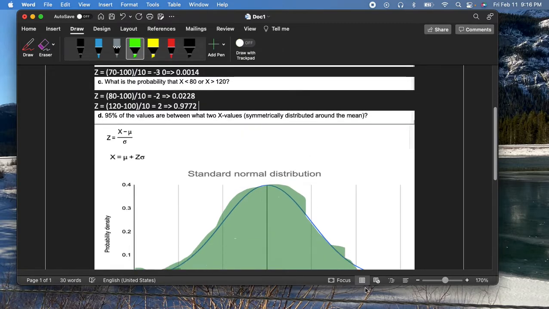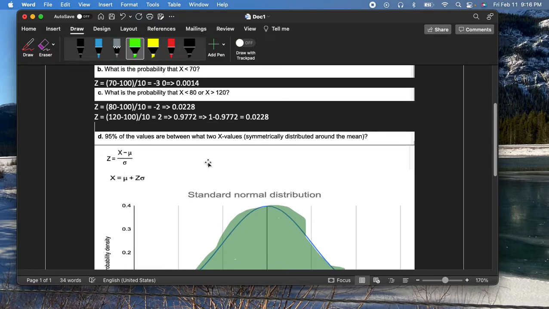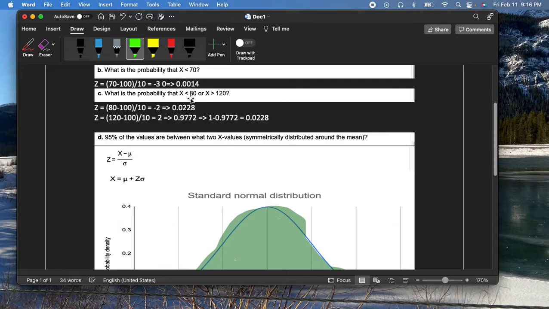But we need to find the value to the right. So once again, we're going to have to subtract 1 minus 0.9772, and once we do that, we find that it is equal to 0.0228. Okay, now we know that the probability that X is less than 80 is 0.0228, and the probability that X is higher than 120 is 0.0228.